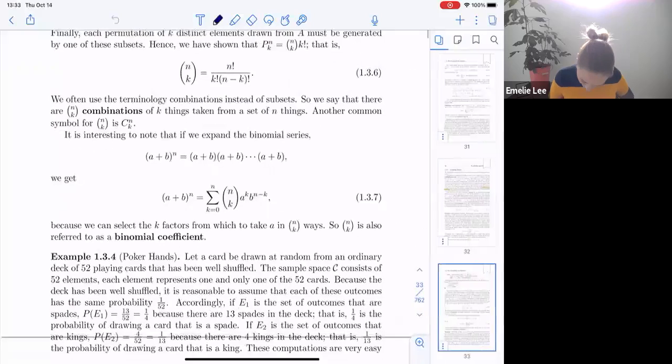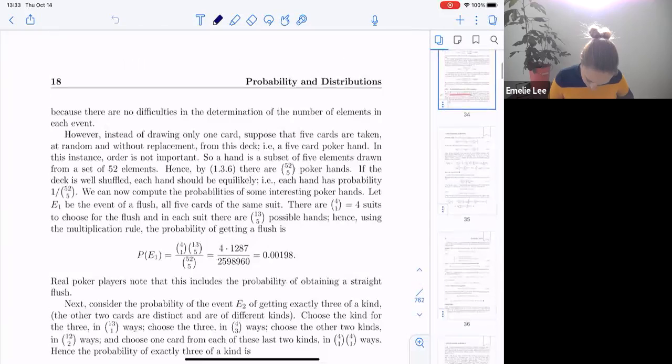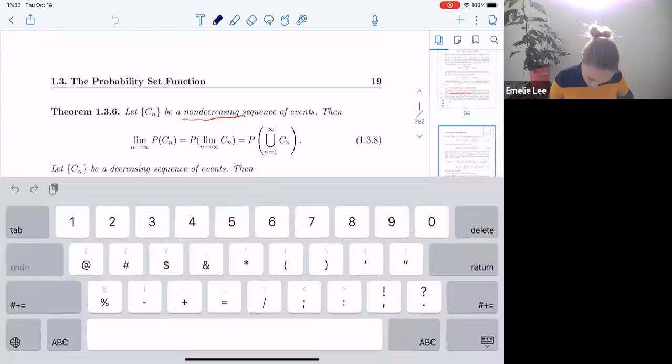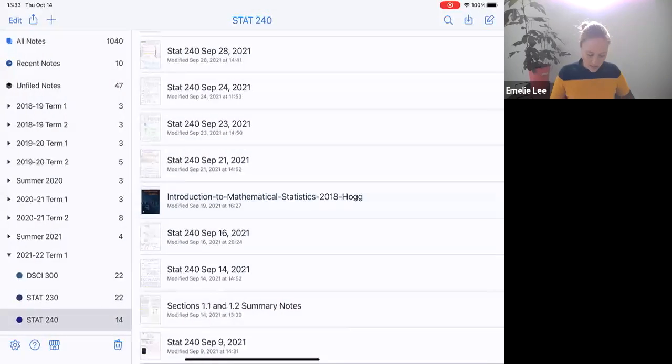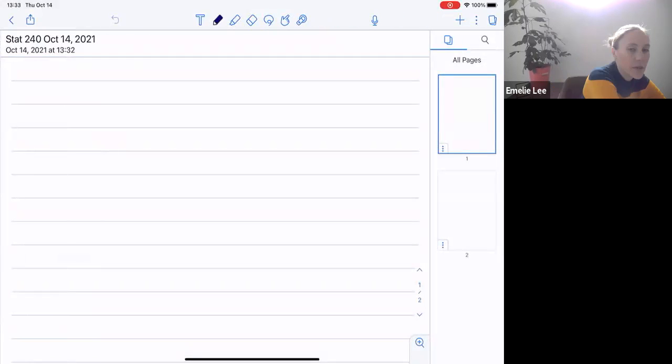I want to go to the very end. Anyways, at the back of your textbook, there's an appendix with all the moment generating functions for a lot of different distributions.